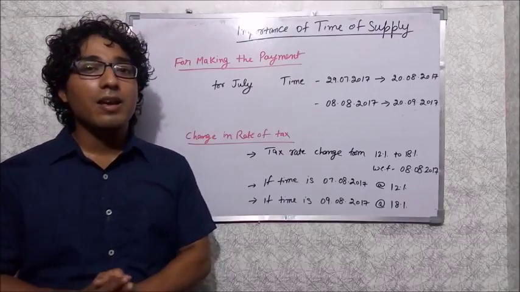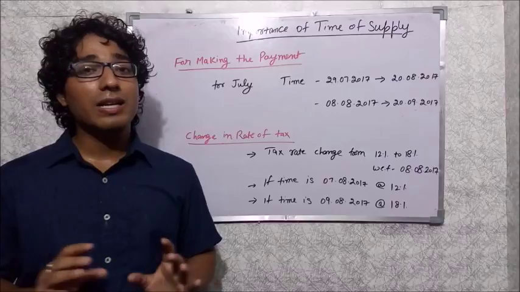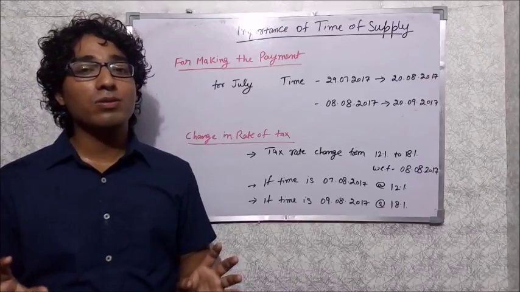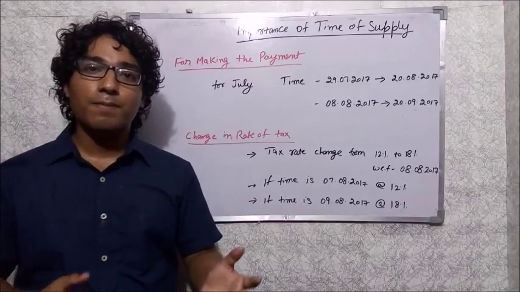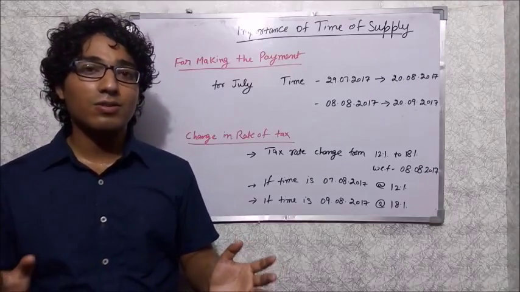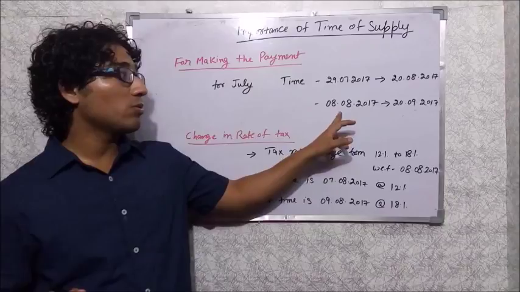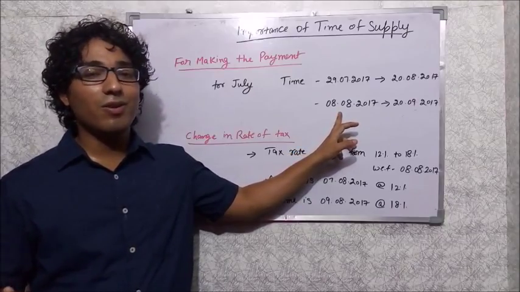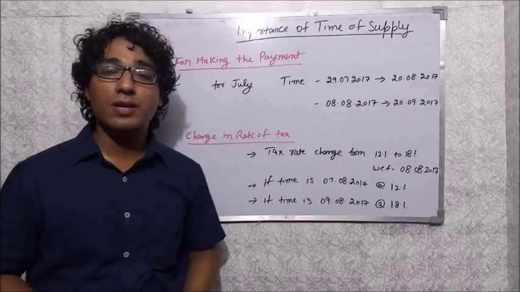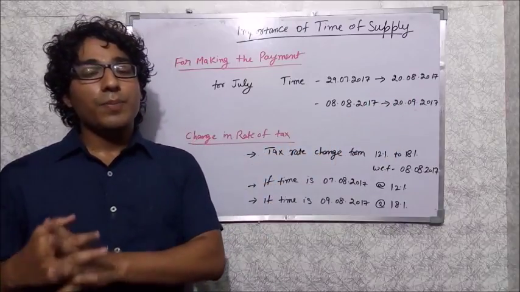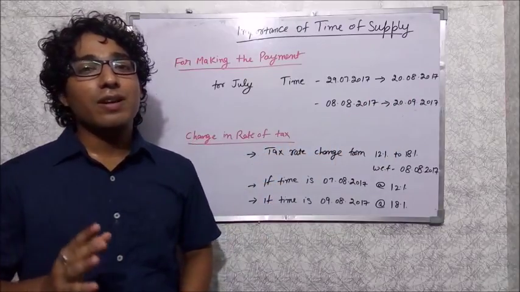So if you didn't understand the topic of time of supply of goods or services, you might end up paying the tax earlier than you actually have to. In this case, suppose the time of supply was 8th August, you might have paid the tax by 20th August, which means that you have missed the opportunity cost of that fund.